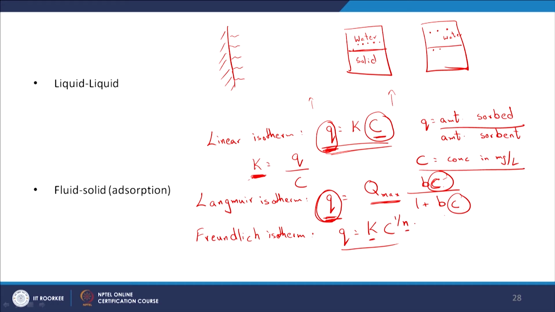So, what have we looked at here? We have looked at phase equilibrium. Initially we looked at gas and liquid, then liquid, and then fluid and solid. Fluid can mean either a gas or a liquid. So, that is what we looked at.